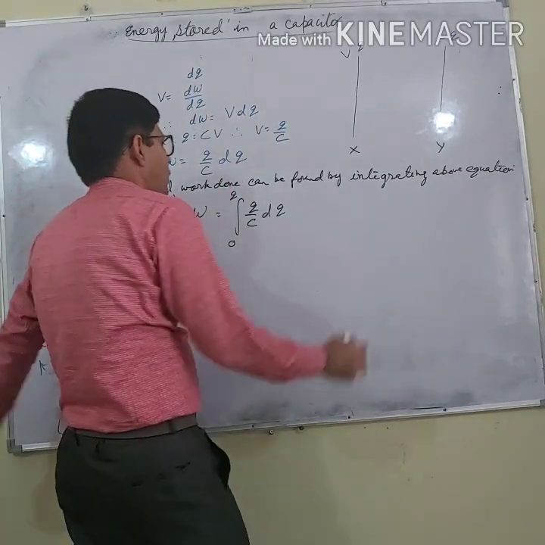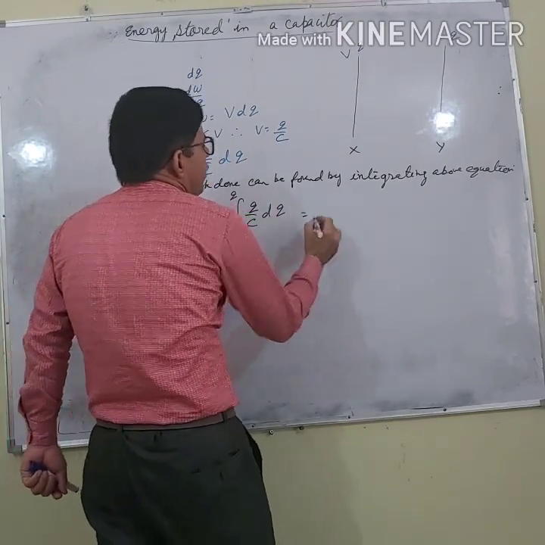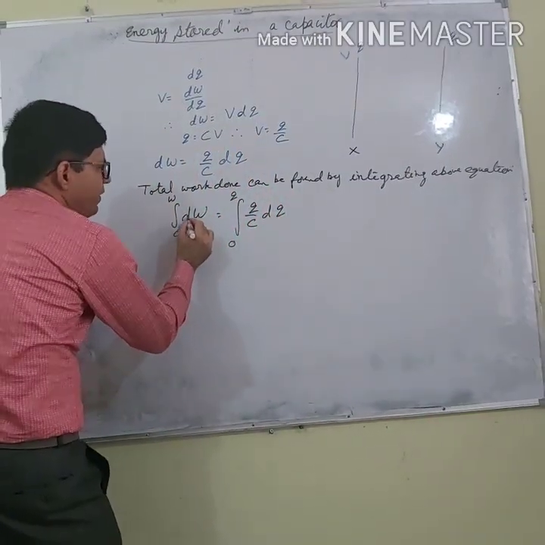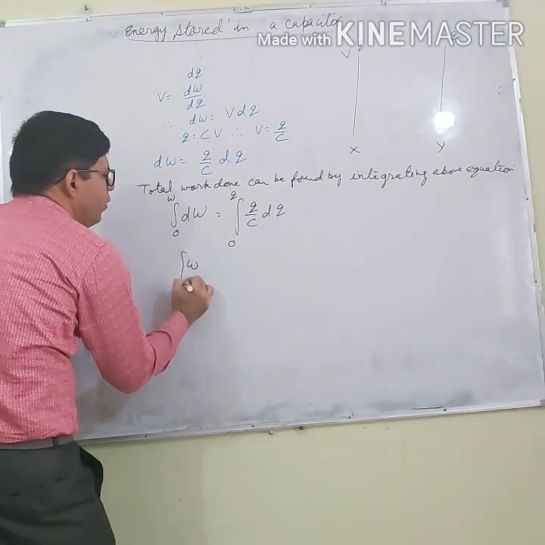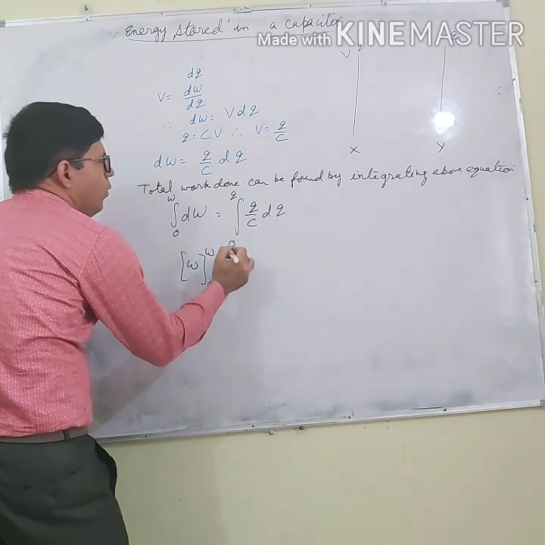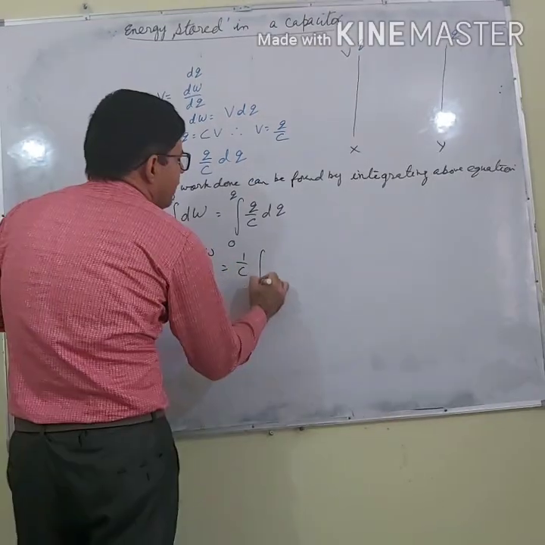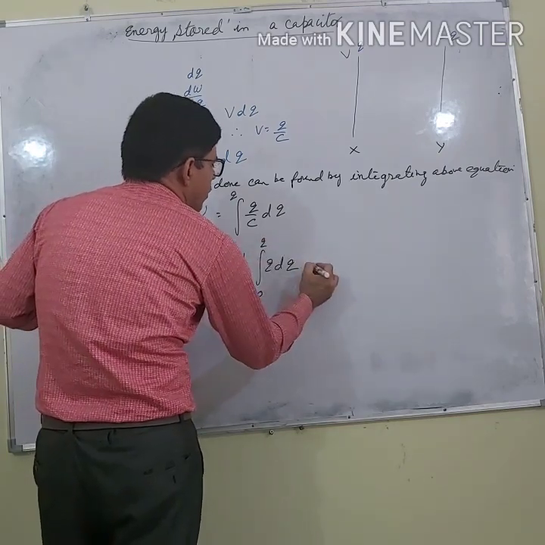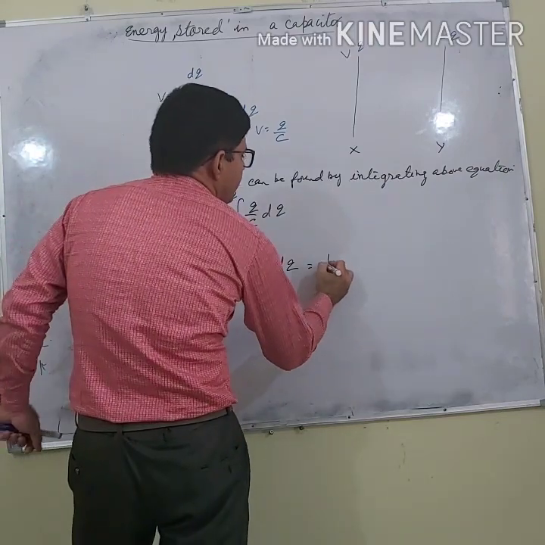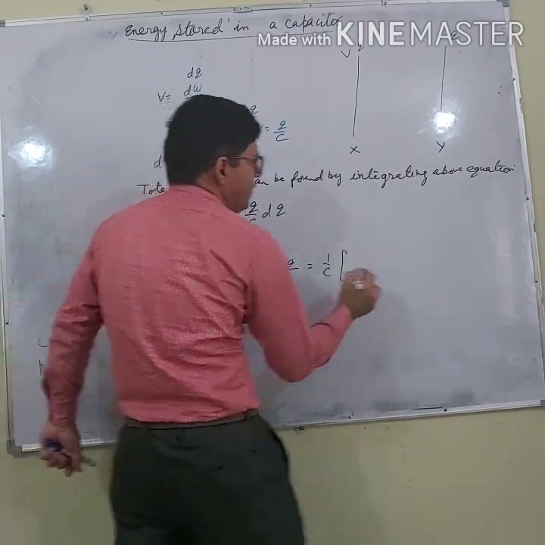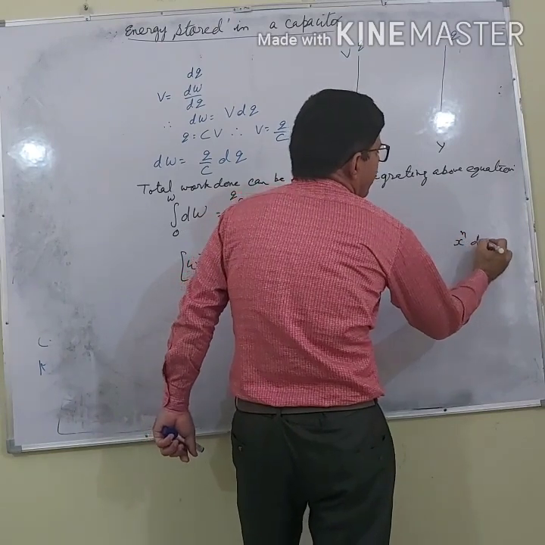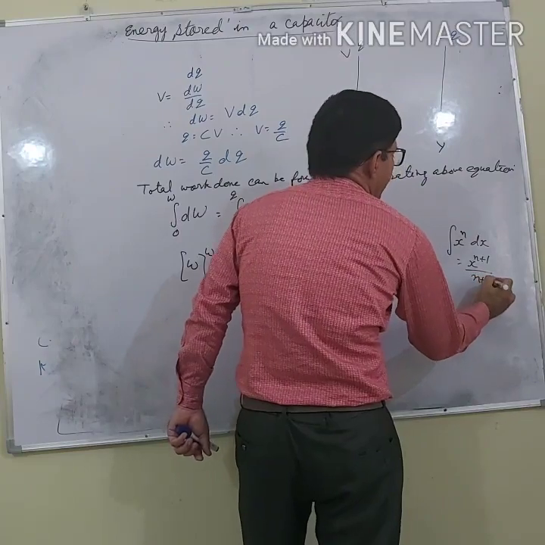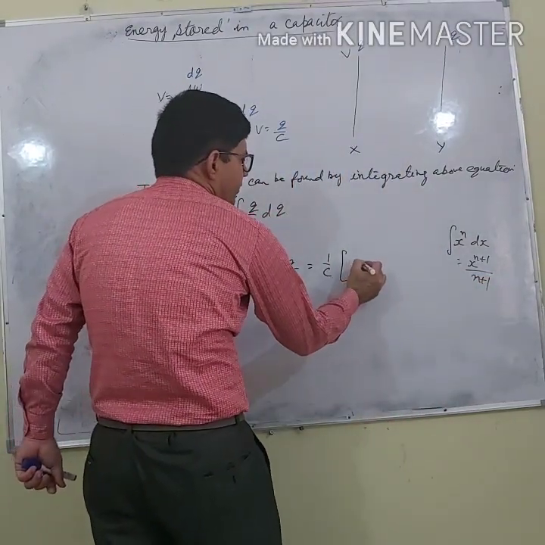Alright? So C is the constant. Let's take the constant outside. Now, what is the integration of this? Integration of dW, limits 0 to W, equals 1 by C constant, integration of Q dQ, limits 0 to Q. Now what is its integration? We have done the integration of x^n dx, which is x^(n+1) divided by n+1.